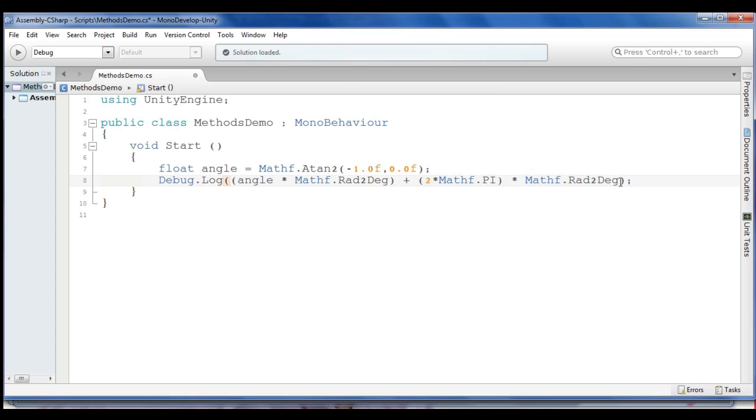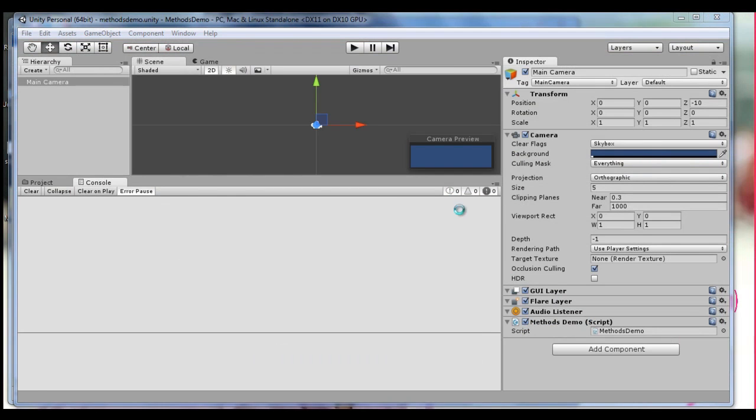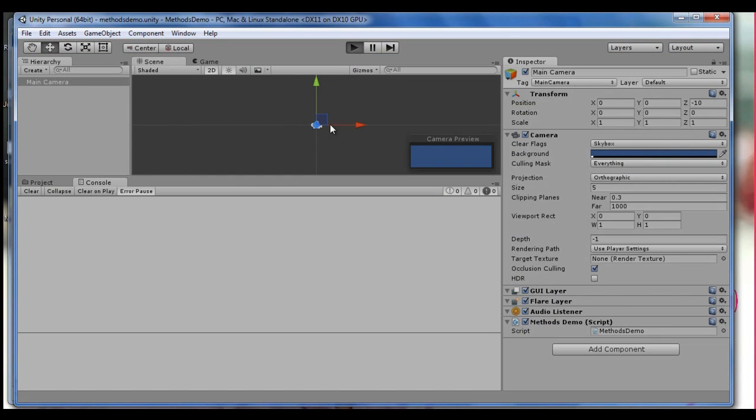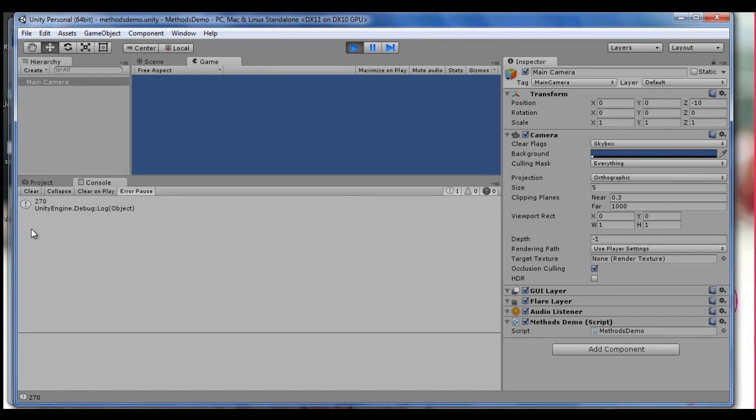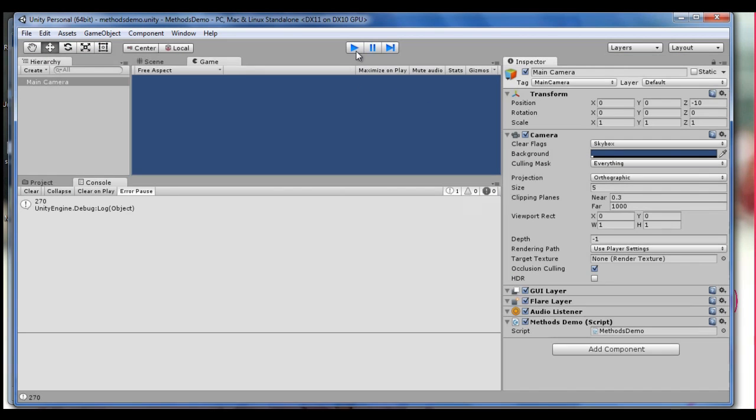So this is our 360, and we are adding that to the -90. If I save this and run, we should get the same output, and you can see that we got 270.